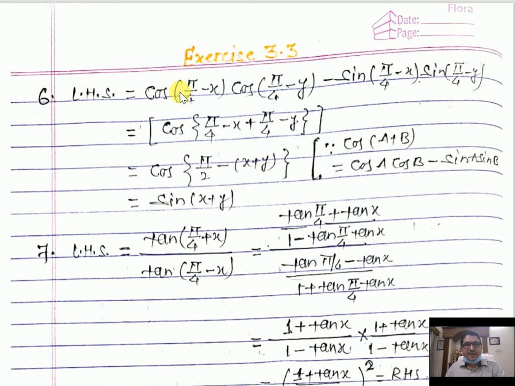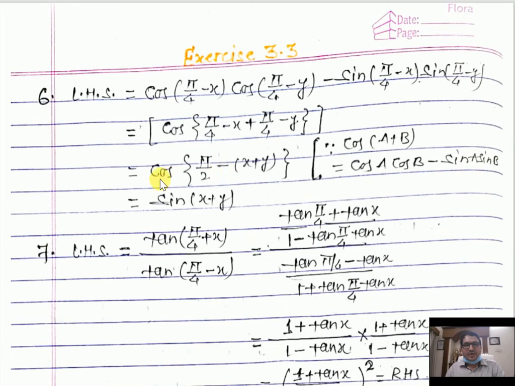So you can apply the formula cos a cos b − sin a sin b, that is cos(a + b). So a means π/4 − x, and b means π/4 − y. So π/4 plus π/4 will be π/2, minus common (x + y).